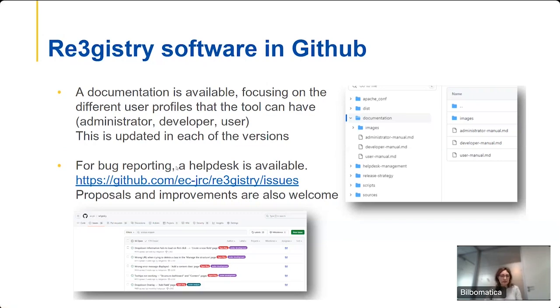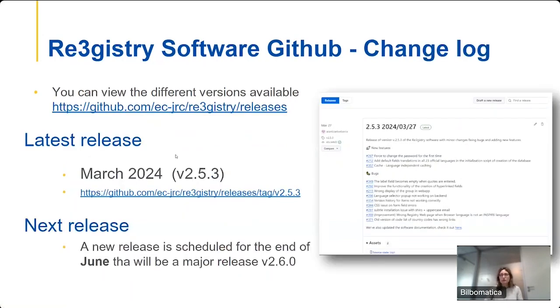Proposals and improvements are also welcome. And also to remember that different versions are available in the release section. The latest was in March, the 2.5.3, and the next release is scheduled for the end of June. That will be a major release.